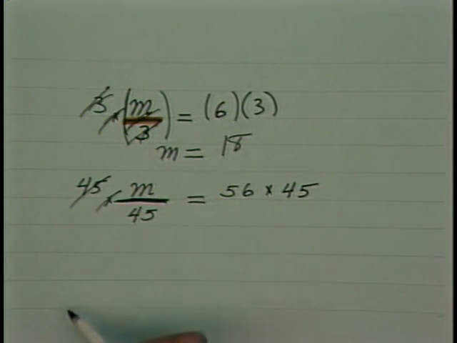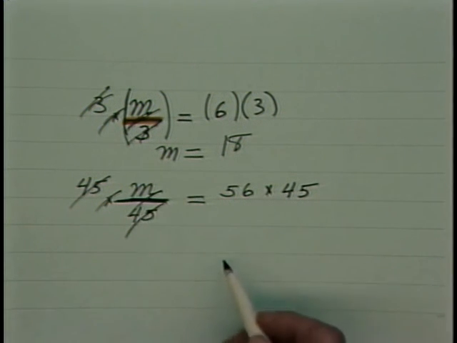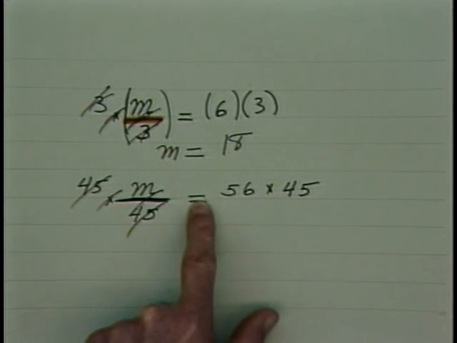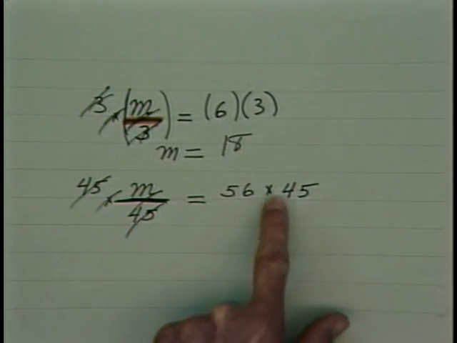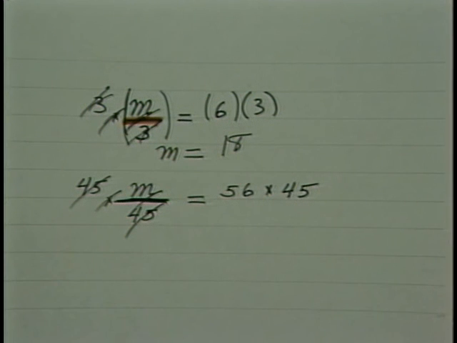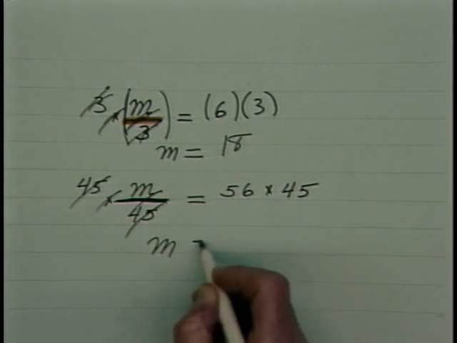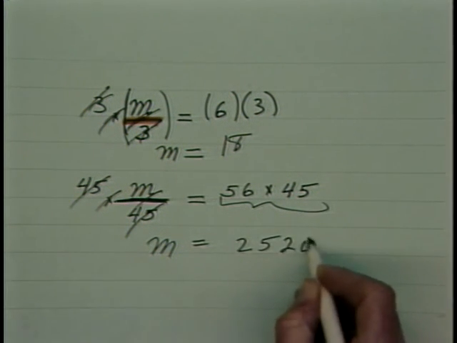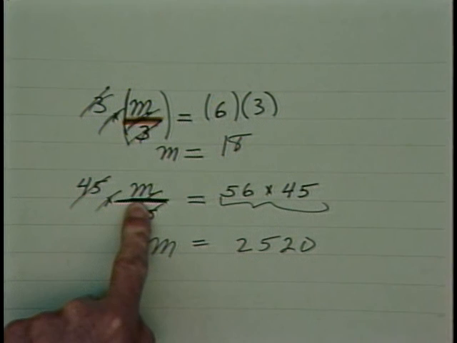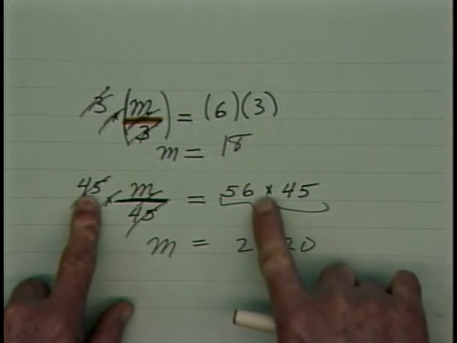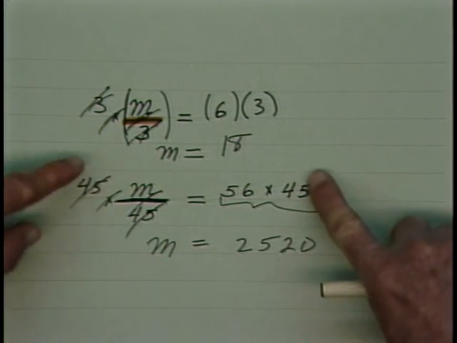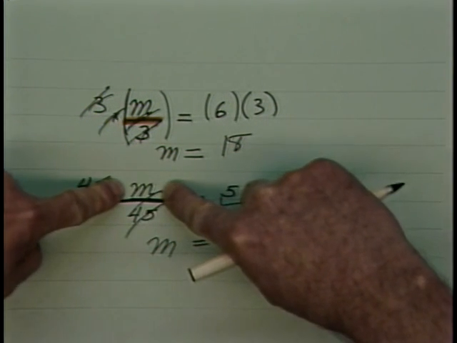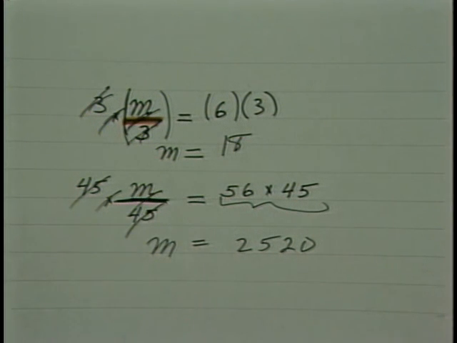So this undoes this, and my math sentence now reads, my number m is 56 times 45. And if we do that arithmetic, this would give us 2,520. So by undoing this, then multiplying the other side by the same amount, this new sentence actually tells us how to find the value of that unknown number called m.